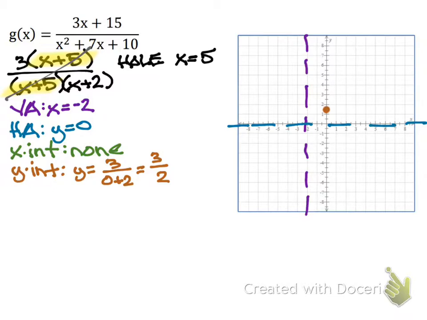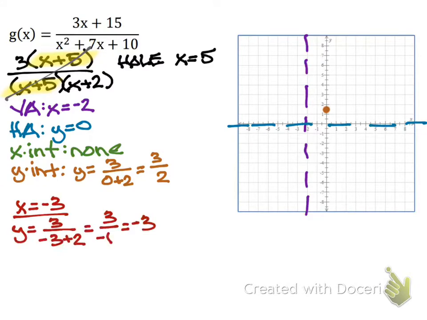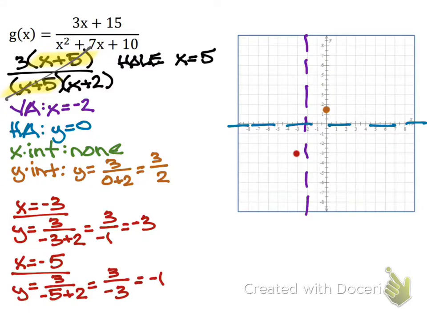Let's start on the left-hand side of the vertical asymptote. Let's check what happens when x is -3. When x is -3, y is -3. Let's go ahead and do one more on that side to be certain that we are correct. Let's look at x equals -5 maybe. When x equals -5, y equals -1. I can see what's happening there on that side. Now we need to look on the right-hand side.